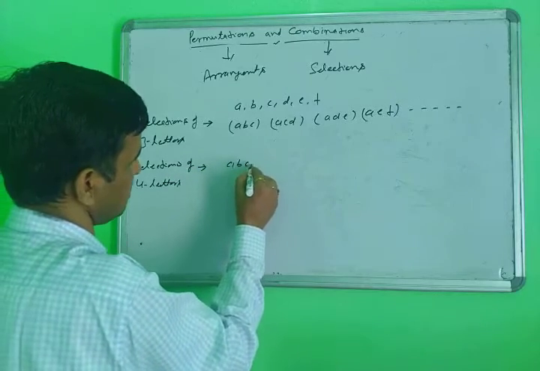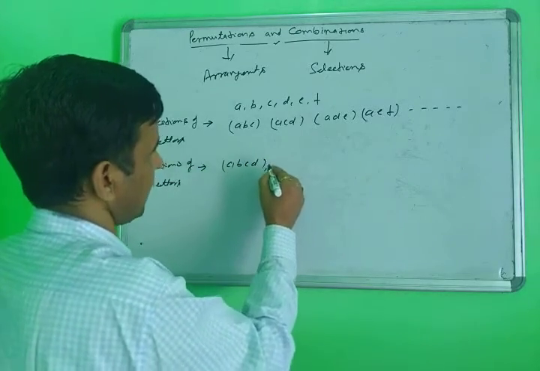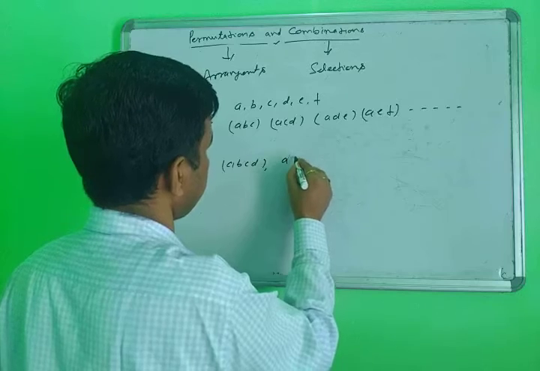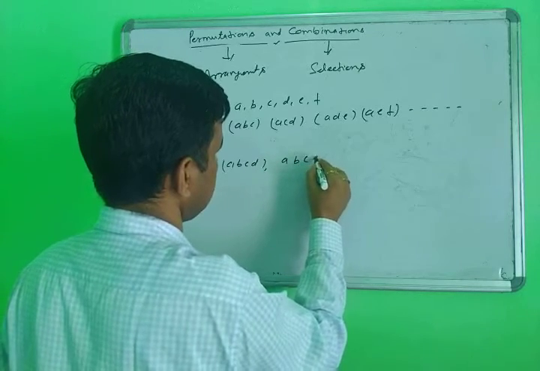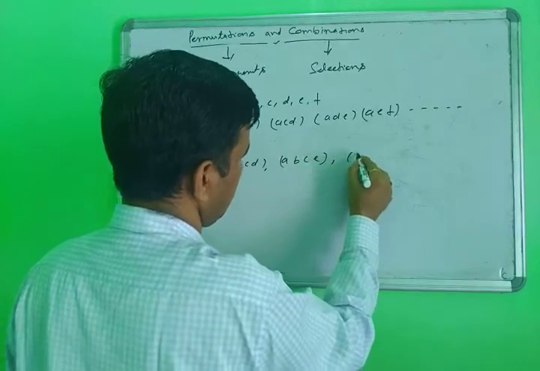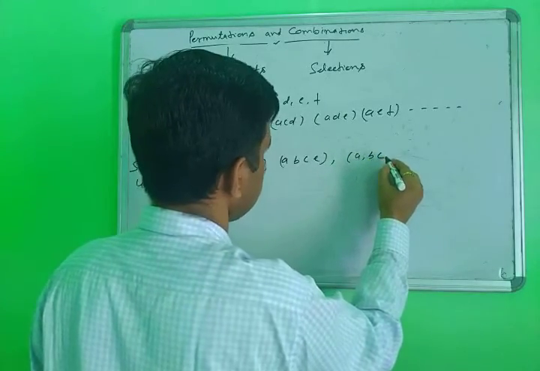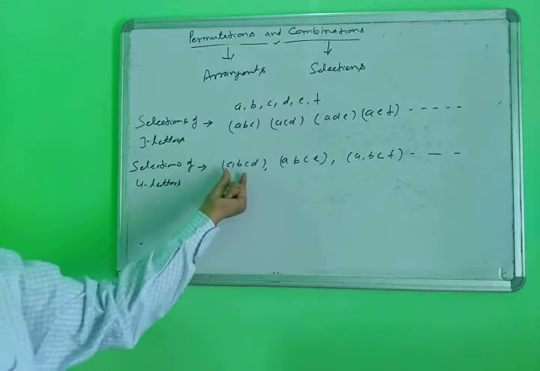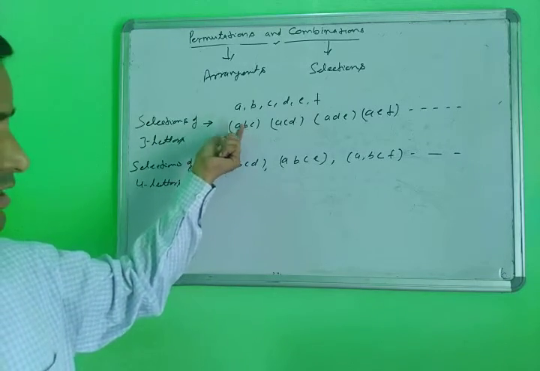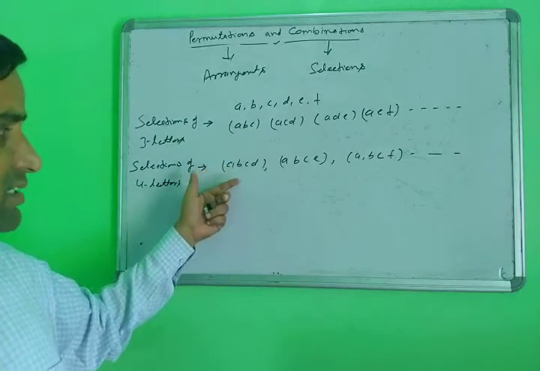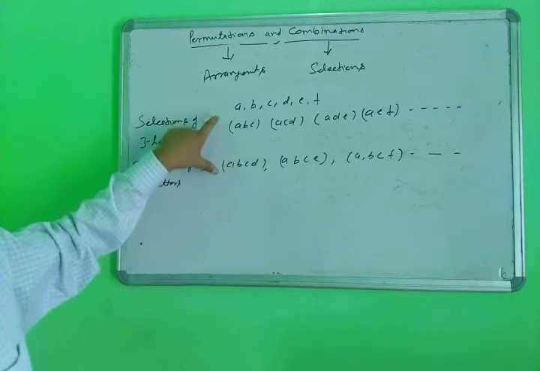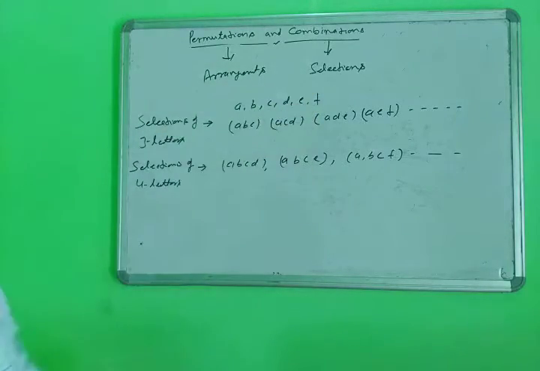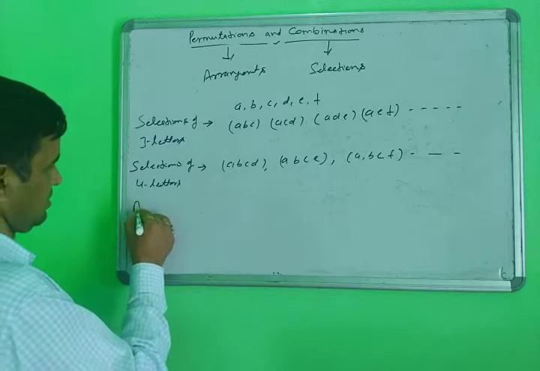A, B, C, D first. Next A, B, C, E, in this way A, B, C, F. So this is the selection of 4 letters, and that is the selection of 3 letters. Similarly 5 letters, similarly 6 letters. First you make the selection of the letters, after that the arrangement.